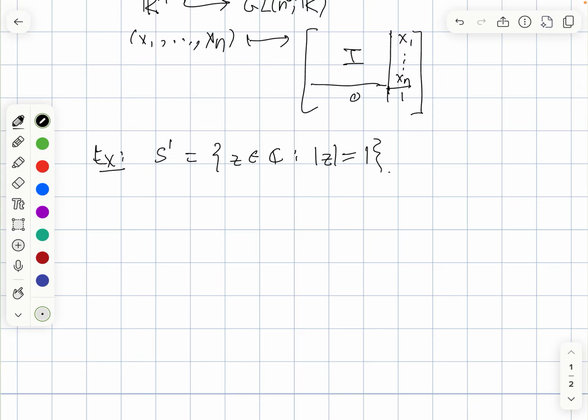So what you can do is take each element in the circle as e to the ix, and then you pair it up with the matrix cosine x, sine x, negative sine x, cosine x. This is in GL2R.